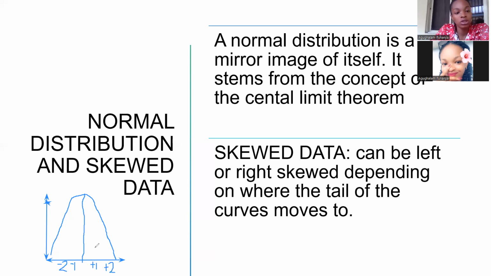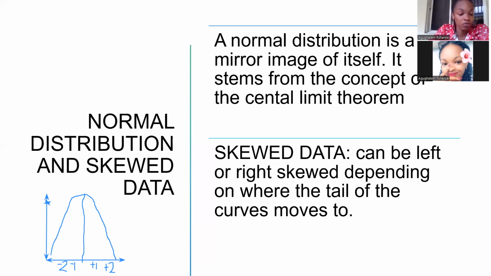But there is something called the 68%, 95%, and 99.7 rule in a standardized normal distribution.